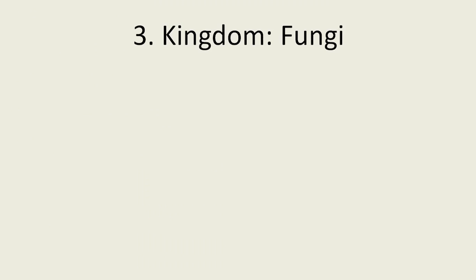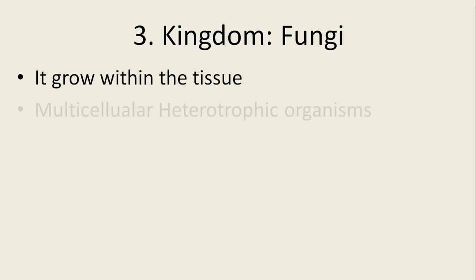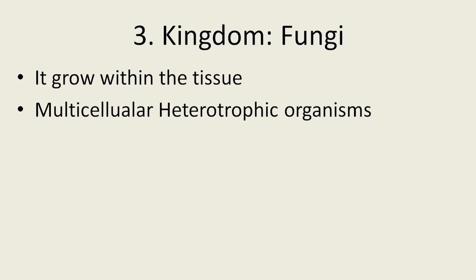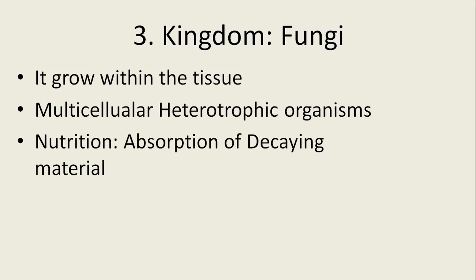Then third, kingdom fungi. It grows within the tissue. They are parasitic in nature. They are multicellular heterotrophic organisms, which means the chlorophyll pigment is absent. They depend for nourishment on another organism or on decaying matter. Their nourishment is carried out by an absorptive mechanism.